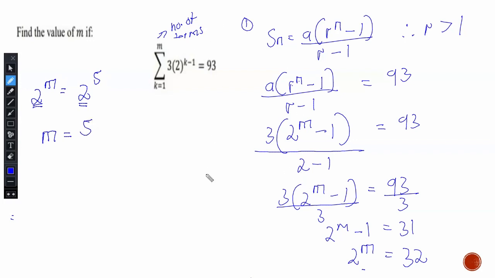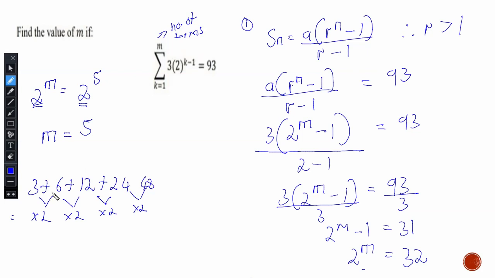Right. Now, let's say we want to prove that we really need to add 5 terms in order to get 93. Remember, we had our first term as 3, followed by 6, then followed by 12. Seeing the trend, we understand that to get to the next term, we simply multiply by 2. So that means we'd have 24. If we multiply this by 2, we have 48.